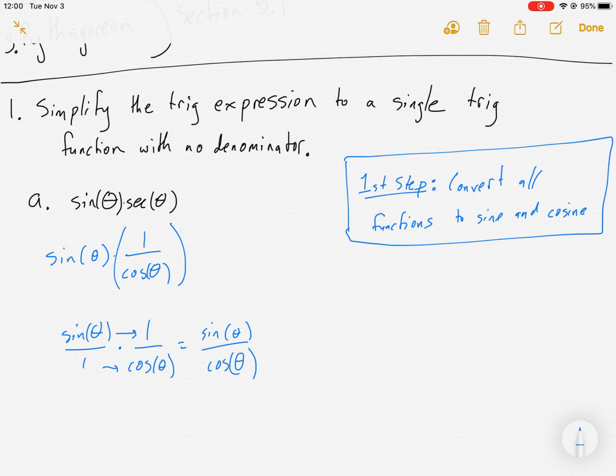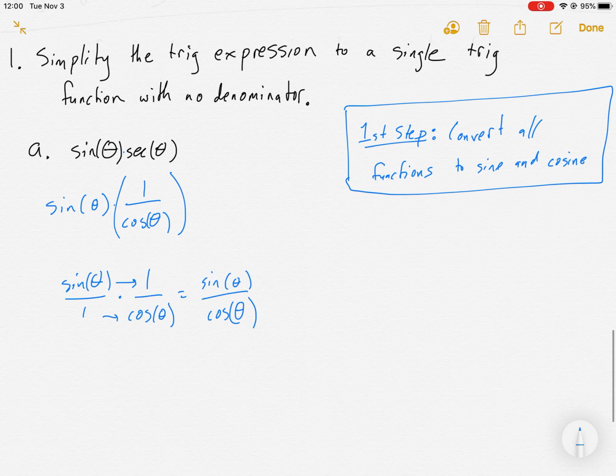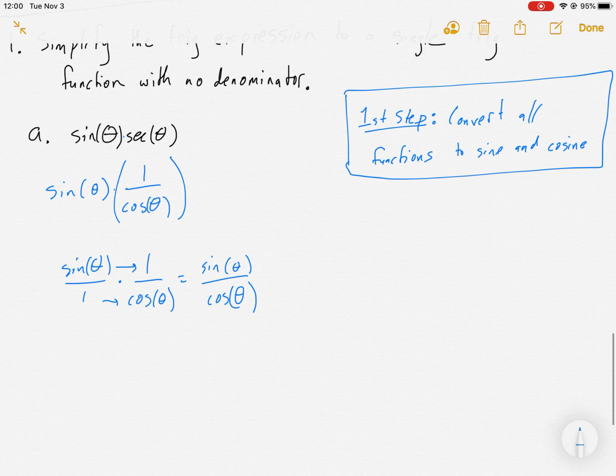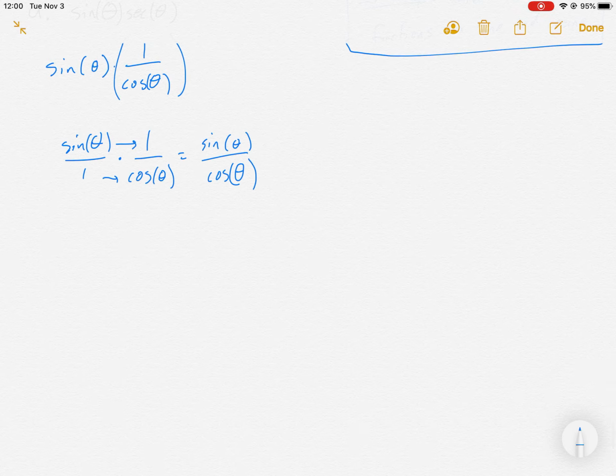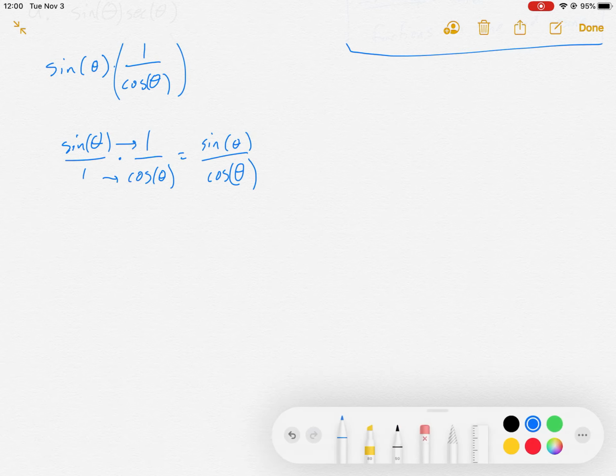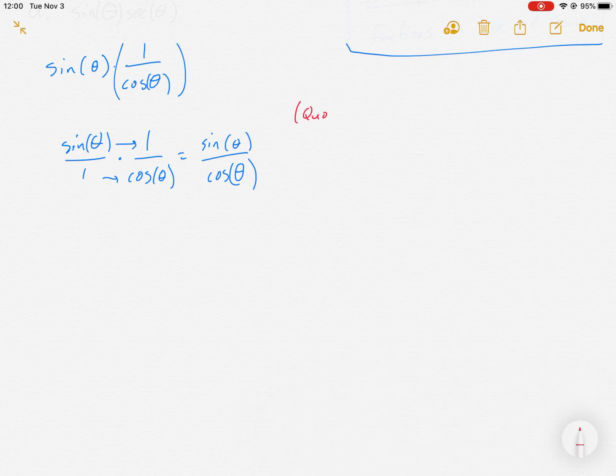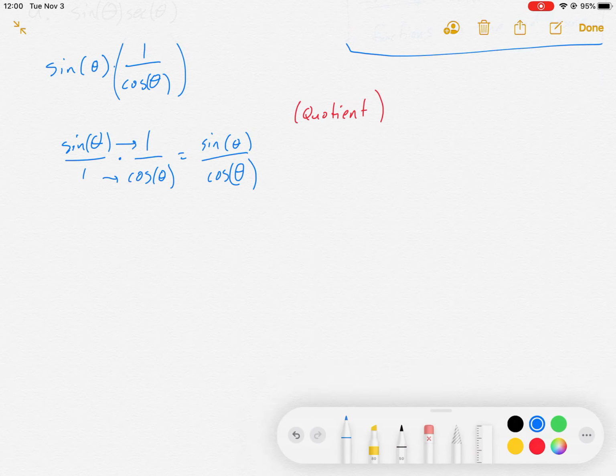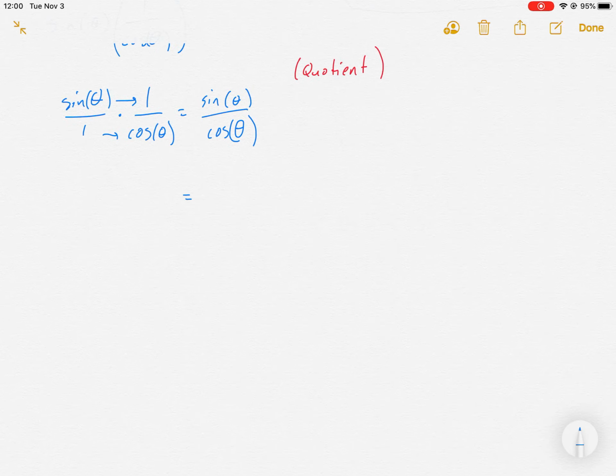Now there is still a denominator here, which isn't great, but let's take a look at our quotient identities. And you'll notice that sine of theta over cosine of theta actually equals tangent of theta.